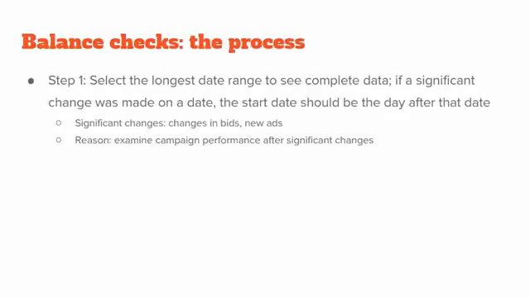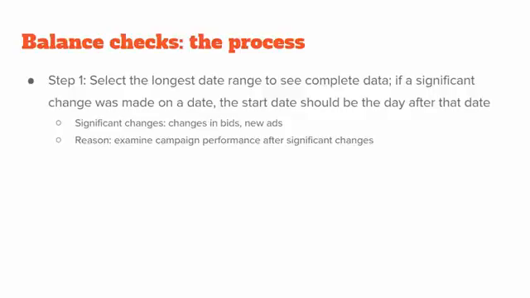Next, let's talk about the process to do balance checks. The first step is to select the longest date range to see complete data. But at the same time, if we made significant changes on a specific date, then the start date should be the day after that date. By significant changes, I mean changes in bids and new ads.